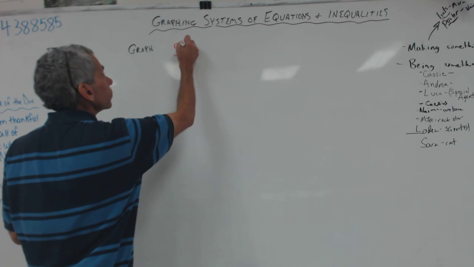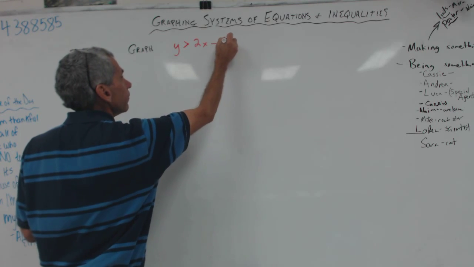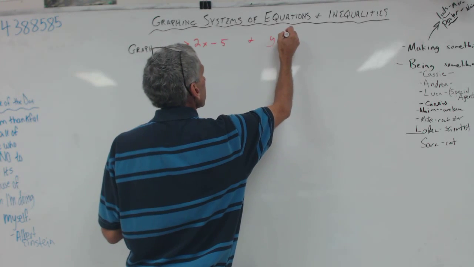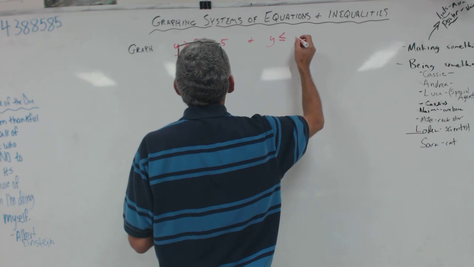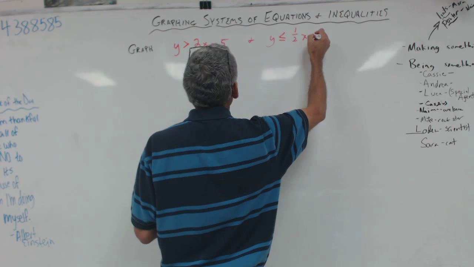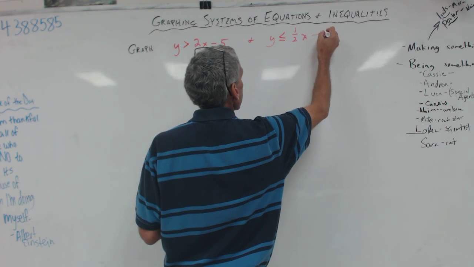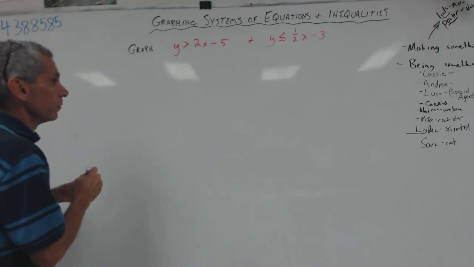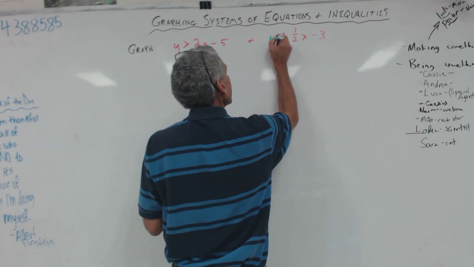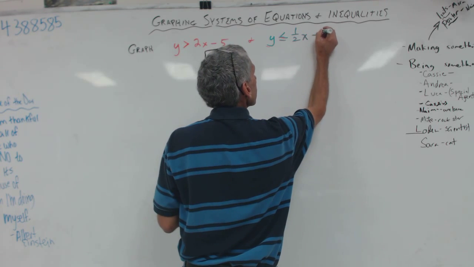So y is greater than 2x minus 5, and y is less than or equal to 1/2 x minus 3. I don't know, I'm just making this up. Okay, whoops, but I wanted to do that one in green. Y is less than or equal to 1/2 x minus 3.